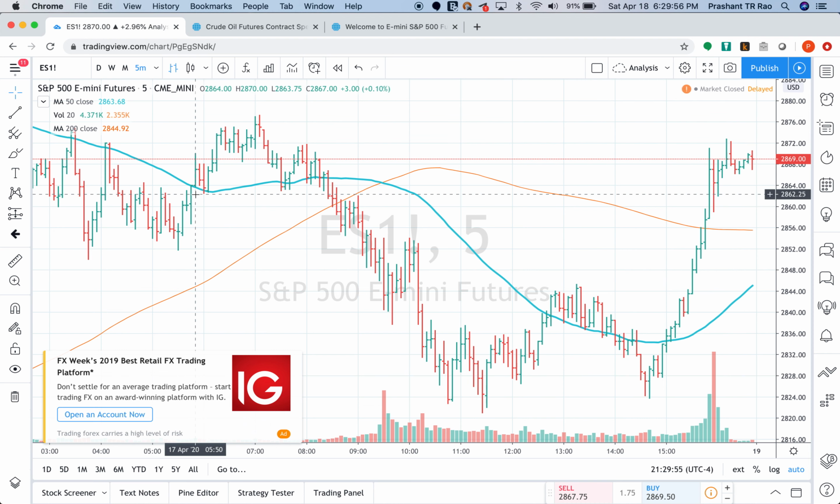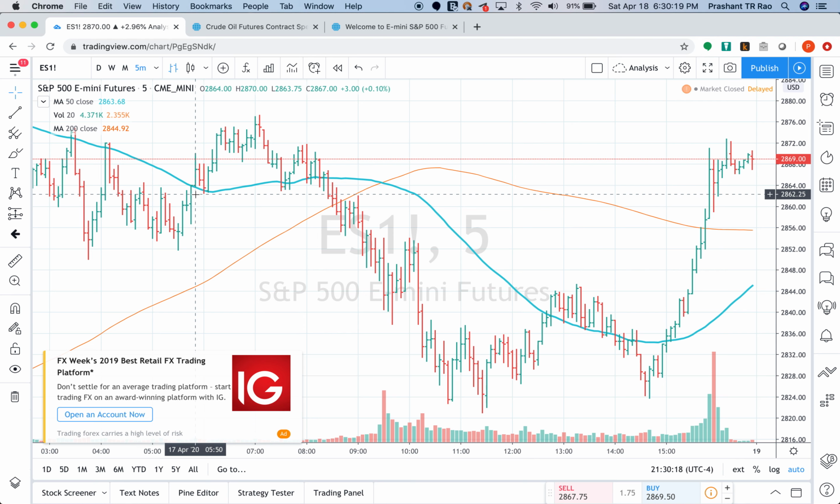So that's a 100-point move in the S&P. With a 100-point move in the S&P, that would make or break 50 times that 100-point move, meaning it's $5,000. So that's what would happen if you place that trade.